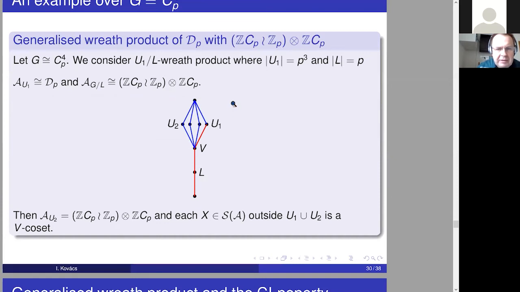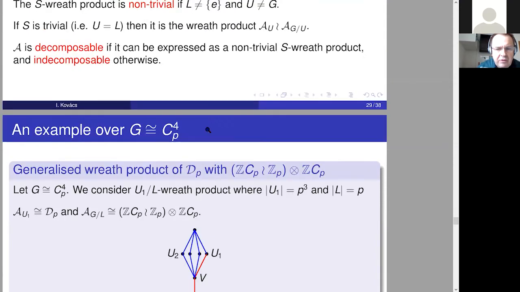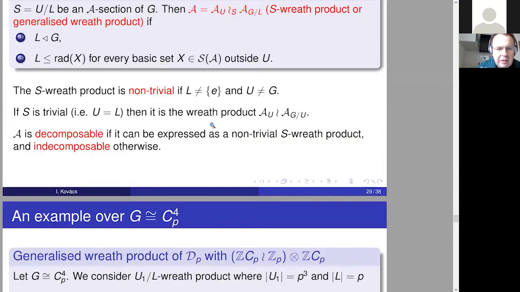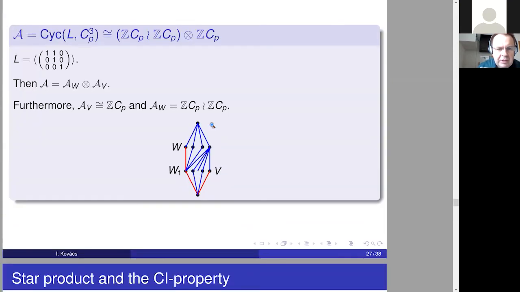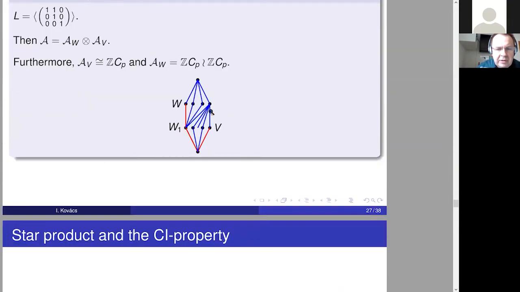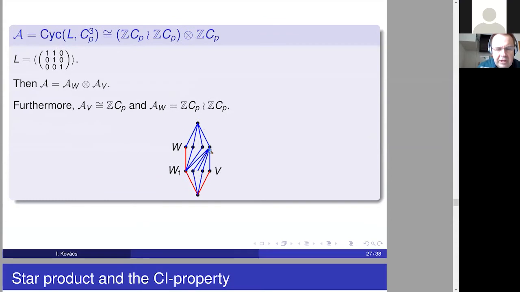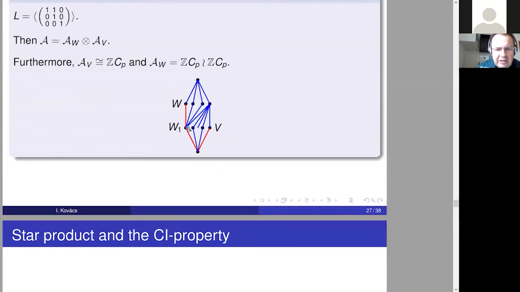And actually U1 is this exceptional S-ring we can see here. And the quotient is this one. So this is the S-ring here. This is the quotient. And what is important is that this S-ring has a subgroup of order p squared whose basic sets are just the singletons.